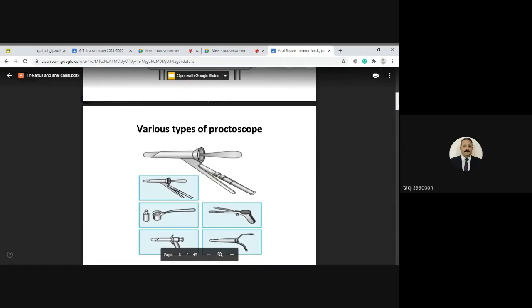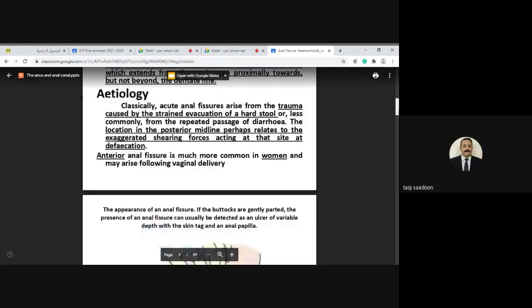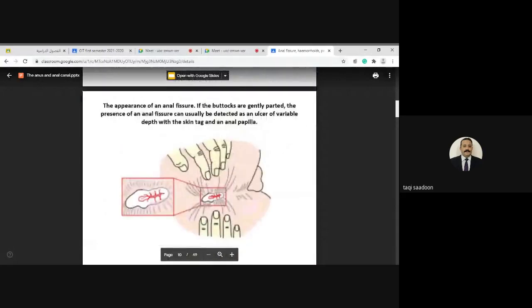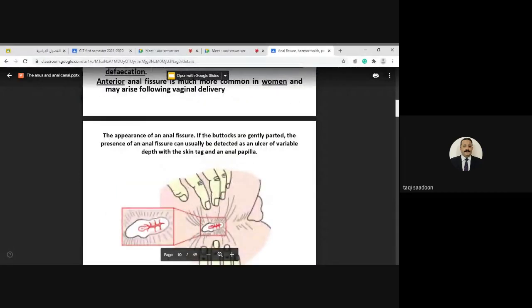زين. إذا الانال فيشر راح يصير قلنا هو posteriorly due to trauma caused by the strained evacuation of a hard stool. Location in the posterior midline at 6 o'clock يعني perhaps relates to the exaggerated shearing force acting at that site at defecation. وهذا examination of the anal fissure, you should be very gentle.